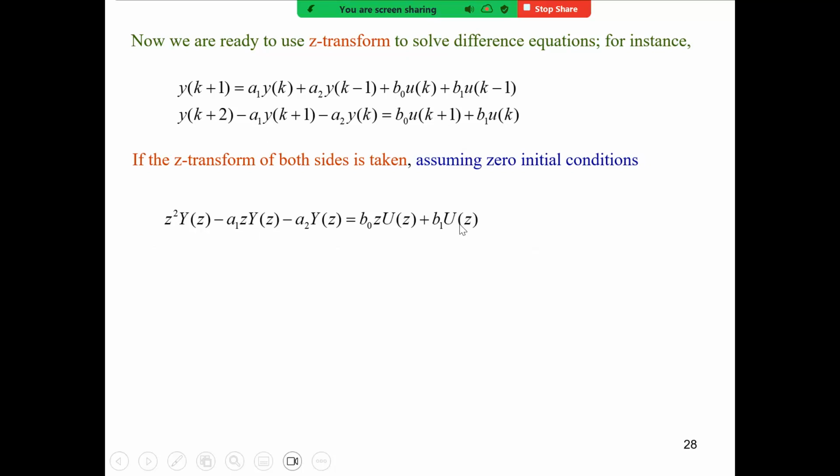Is that clear? Any questions? So you can see, again, we can transform the difference equation into an algebraic equation, and then you can easily get the solution of Y expressed by the input U.